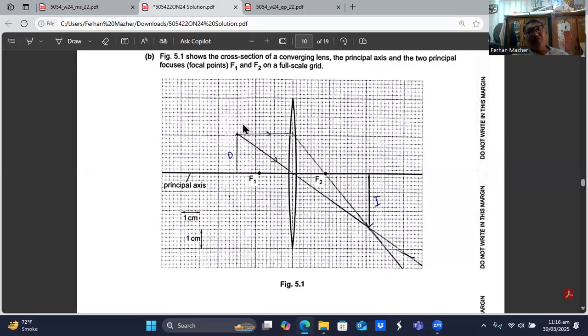And one ray will start from the head of this object, and it will go from the optical center. When it goes from the optical center, its direction does not change. So where these two rays intersect each other here, the head of the image will be formed. So here is the image which will be formed. I hope that you understand this.